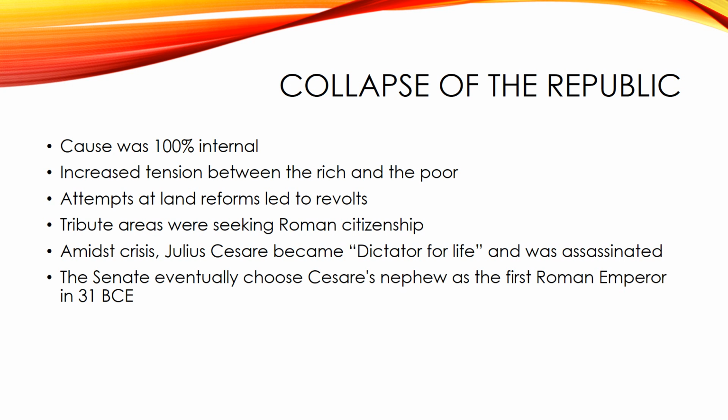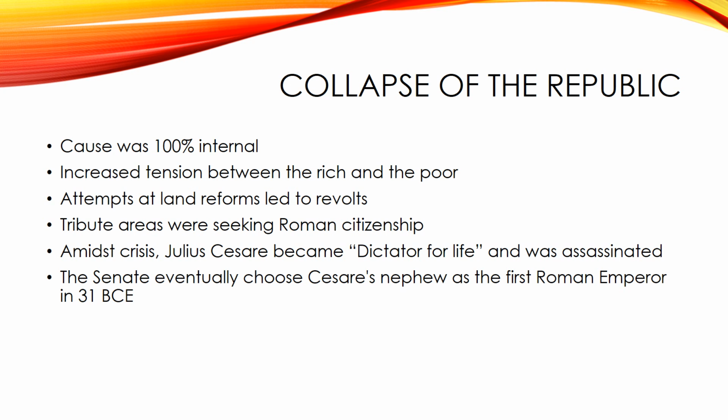What ultimately happens to the Republic is 100% internal. There were no foreign or outside issues that caused the fall of the Republic system. There was an increased tension between the rich and poor because of the crisis that was created out of invasion and expansion. And there were several attempts at land reform, but it kept creating revolts.